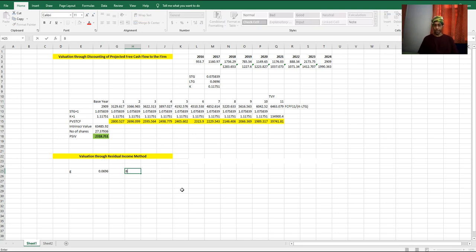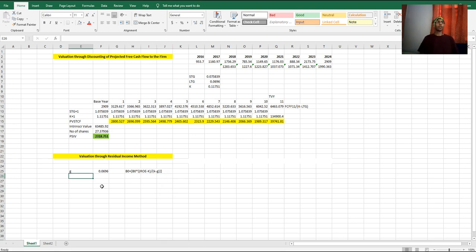This is equal to B0, that is the current book value, plus B0 multiplied by the ratio of return on equity minus cost of capital divided by cost of capital minus growth rate. This entire expression. So this is the value that we want to measure, right?